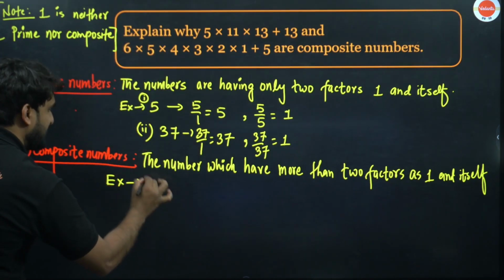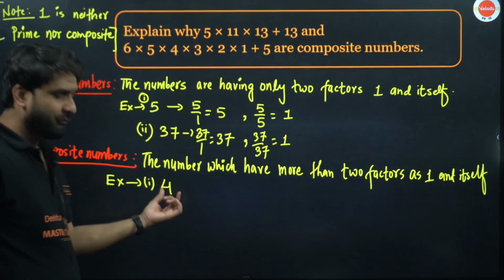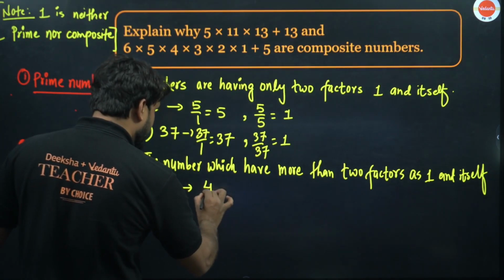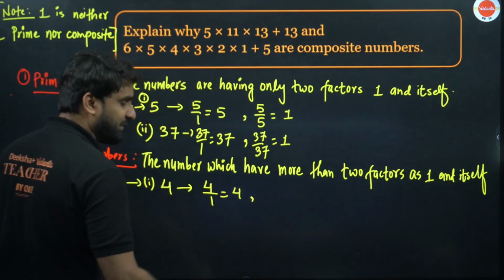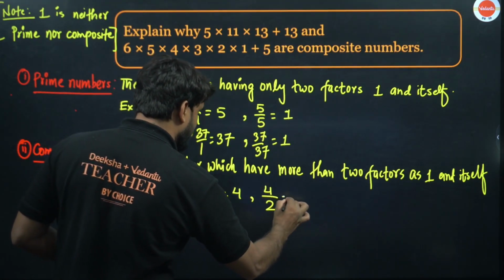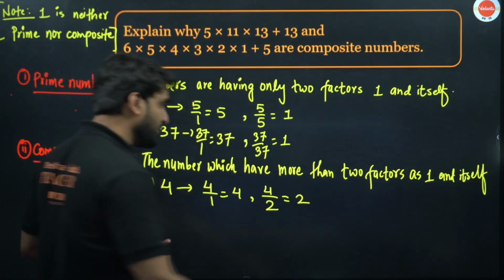So I'm taking the example number 4. Now look here, champion. 4 can be divided by 1, the result will be 4. 4 can be divided by 2, the result will be 2 and the remainder will be 0.